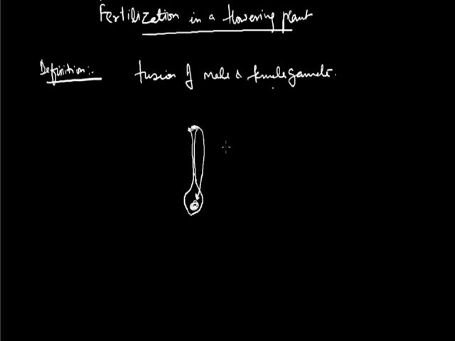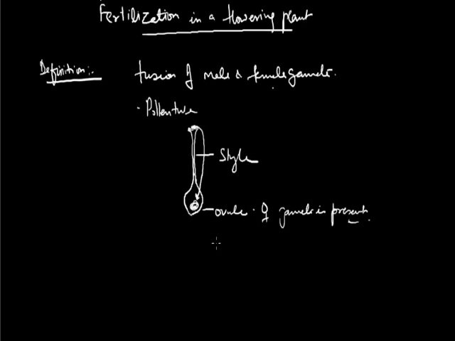It's a process which involves formation of a pollen tube. It grows along the length of the style. This is the style, and ultimately it reaches the ovule where the female gamete is present. The pollen tube contains two male gametes. Suppose this is the tube which is formed in different plants.